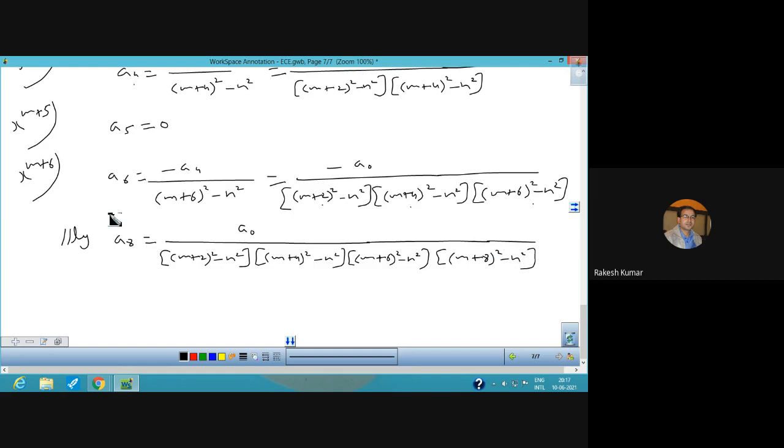This is by pattern. Write a7 as 0, after 5 comes 0, and so on.